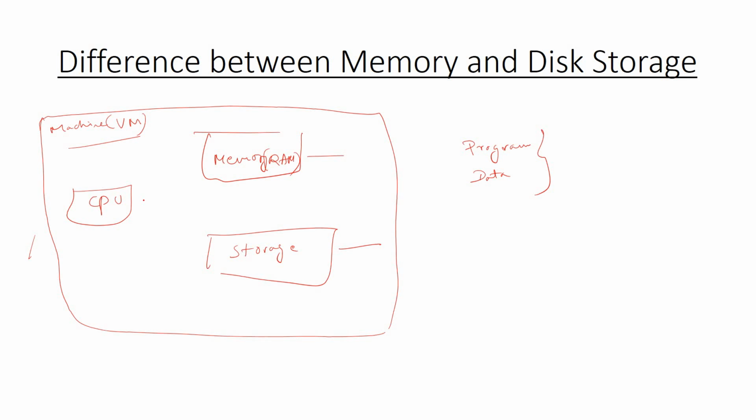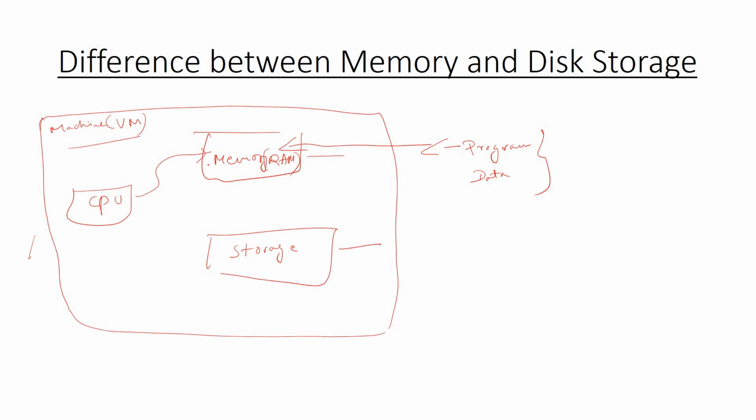Here the CPU, or central processing unit, in the machine will execute instructions which are stored in memory. The instructions correspond to a program. Before execution by the CPU, these instructions will be loaded to memory. So this memory will hold the instructions which will be executed by the CPU.